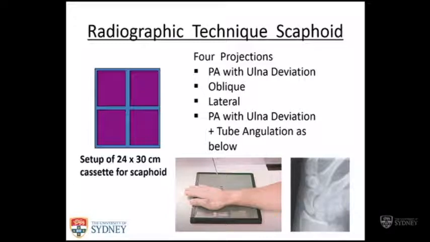Well, just a relaxed amount. Don't overdo it. Don't force anything, because anything you force, the patient won't hold. So just turn your wrist towards the ulnar. What that does is it opens up the scaphoid. That's ulnar deviation. Obviously you can't do that with the oblique or the lateral, but with your PA, just ulnar deviate.